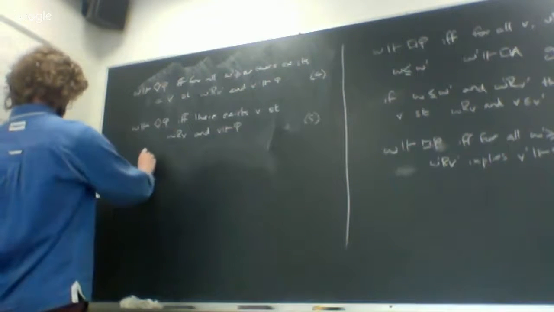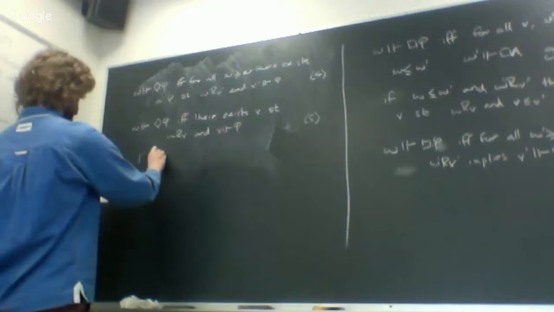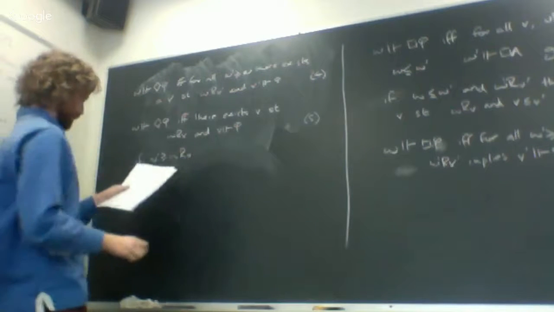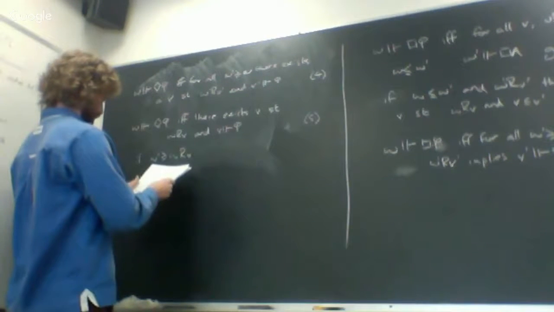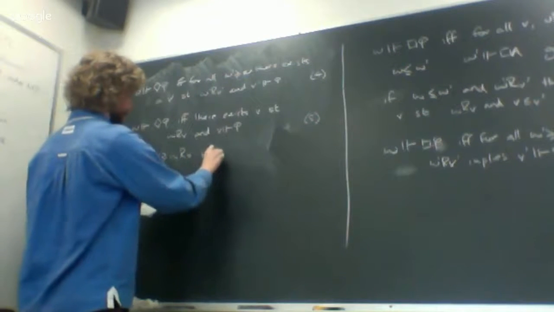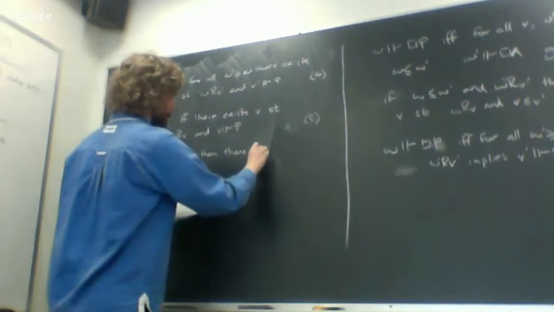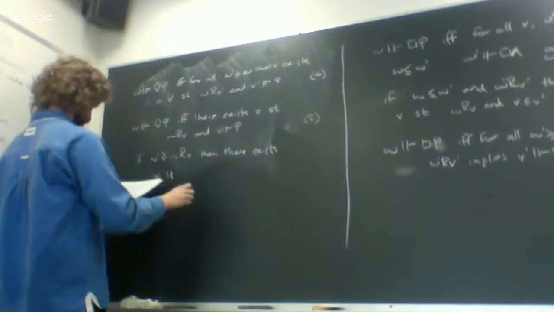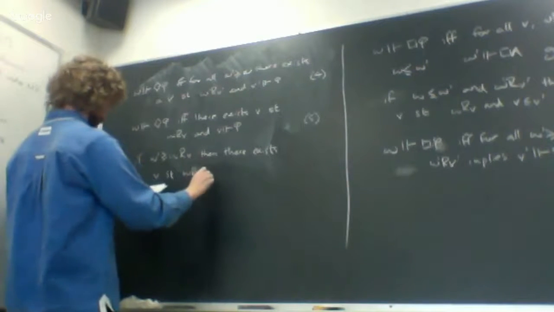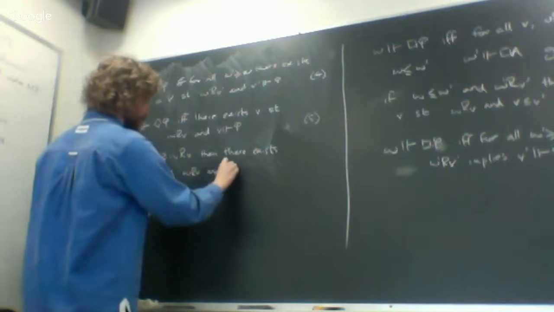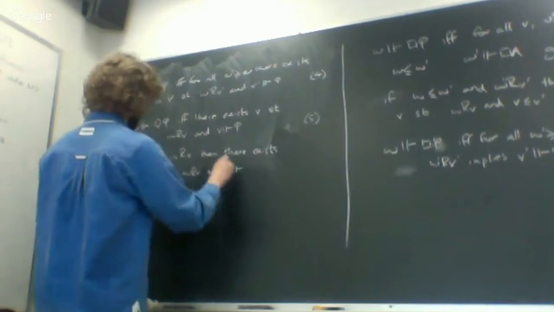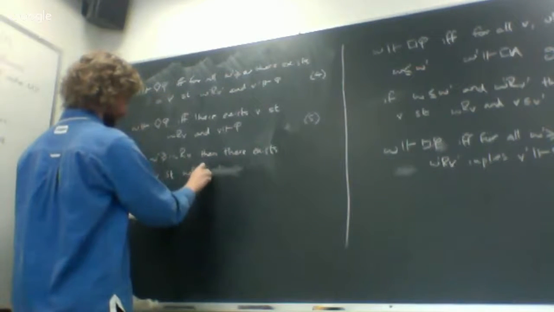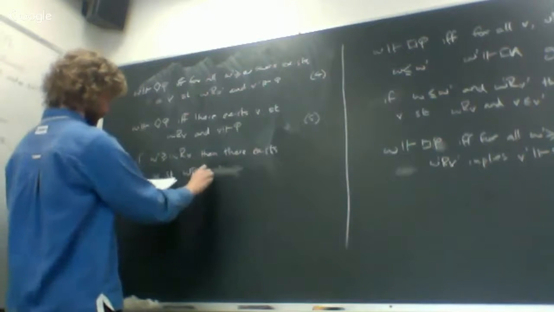This is that if W prime is greater than or equal to W, which is related to V, then there exists V such that... wait, no, okay. W on V, V prime, V prime, V.